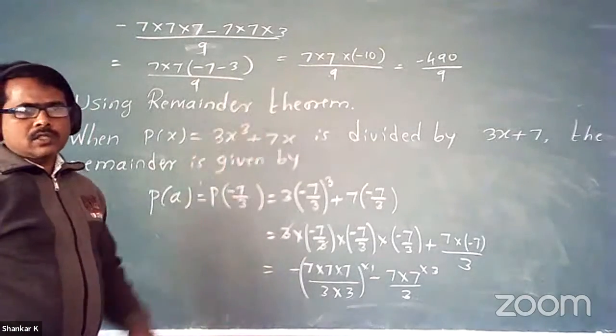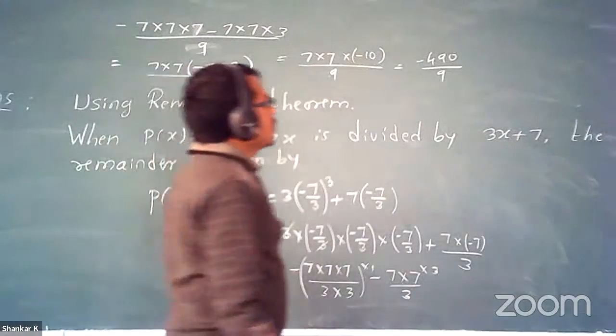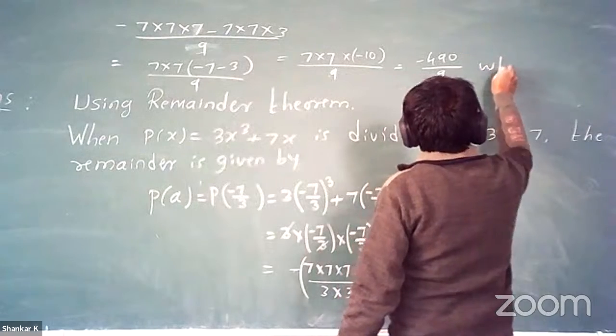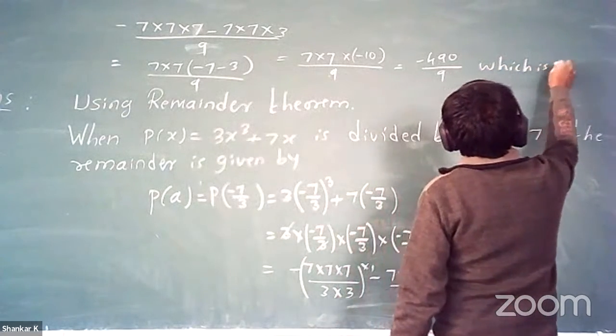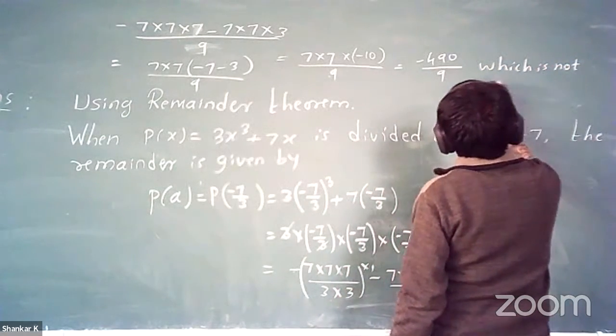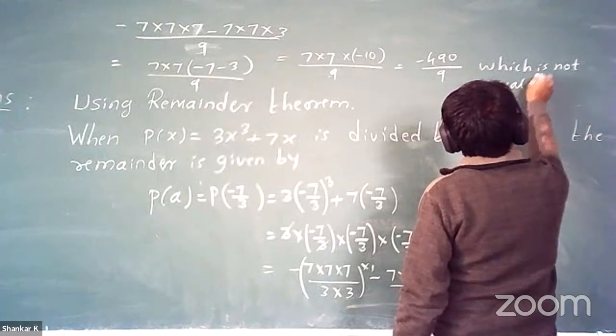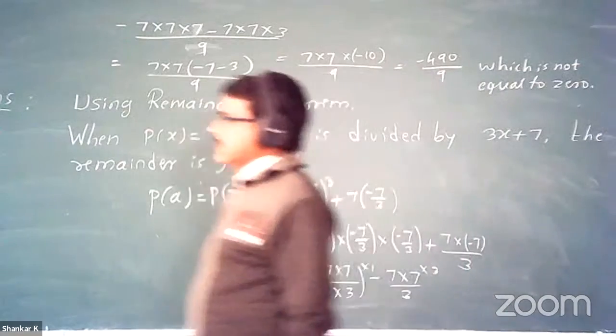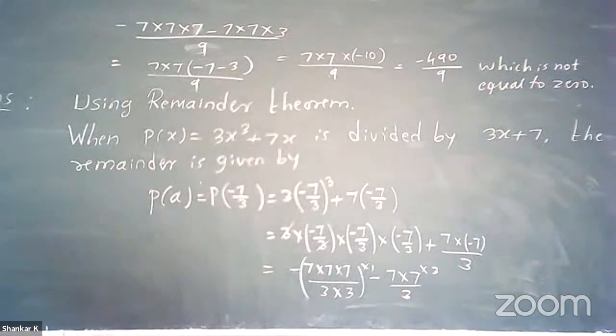But the remainder is not 0, no? This 490 by 9 is not equal to 0. Therefore, it is not a factor.